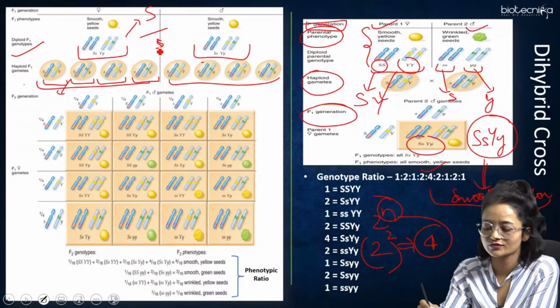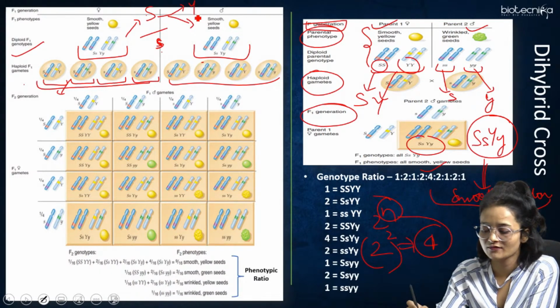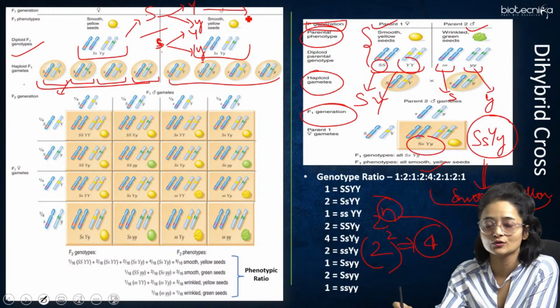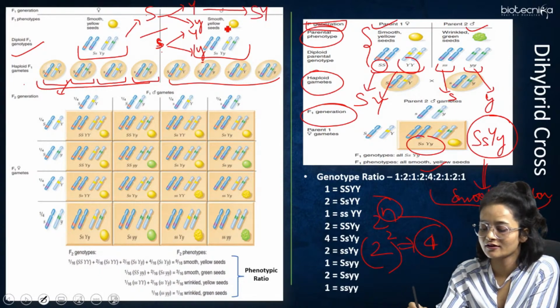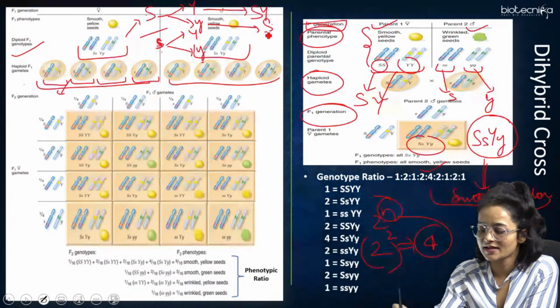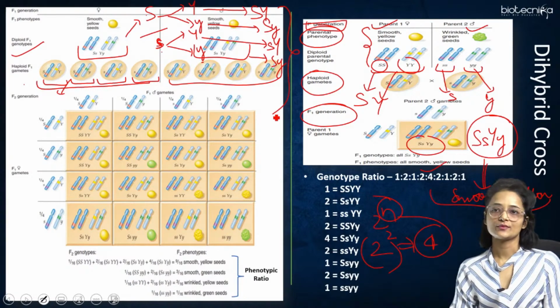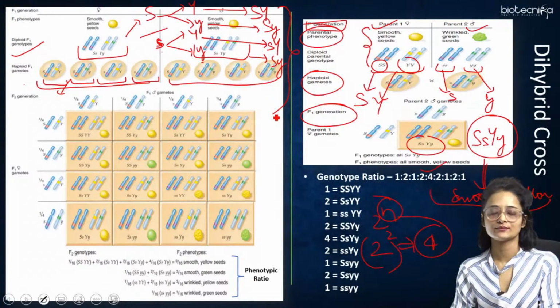These are 2 different chromosomes, from one of the parents. Now, this can combine with either capital Y or small y. Then the progeny would be capital S capital Y, capital S small y, small s capital Y, and small s small y. So 4 different gametes are being produced here. This is how they are produced.